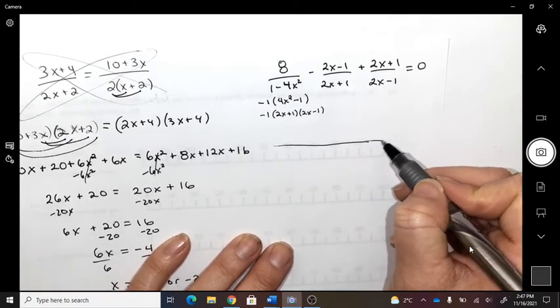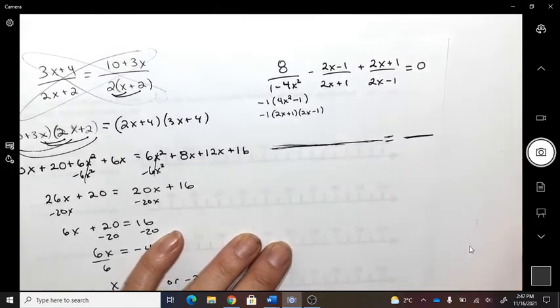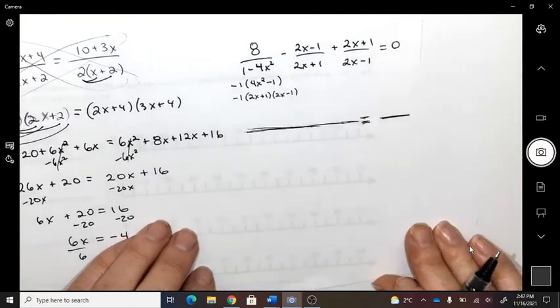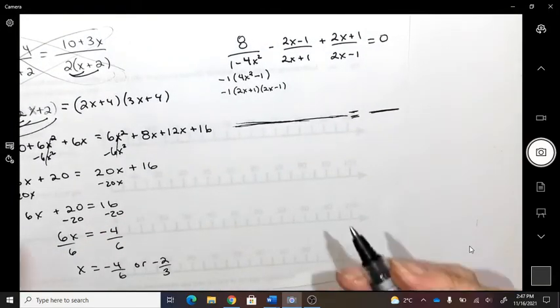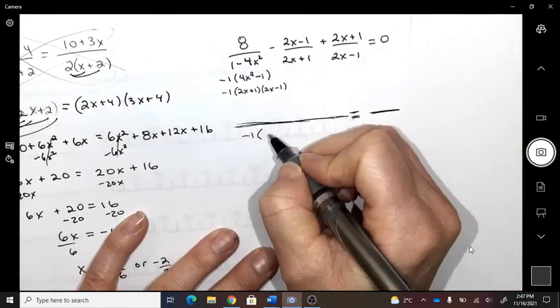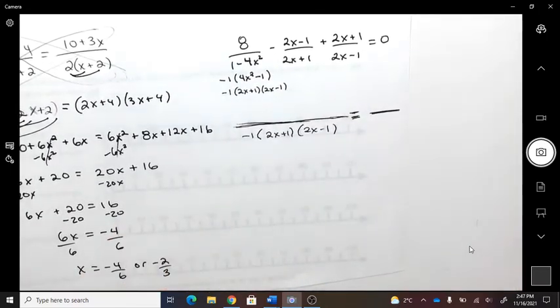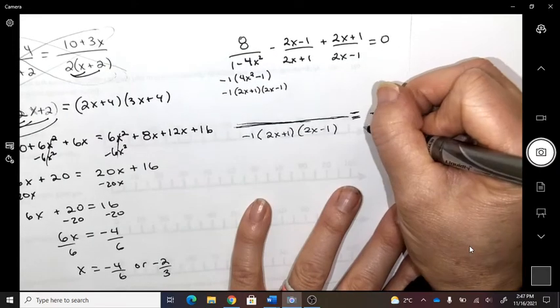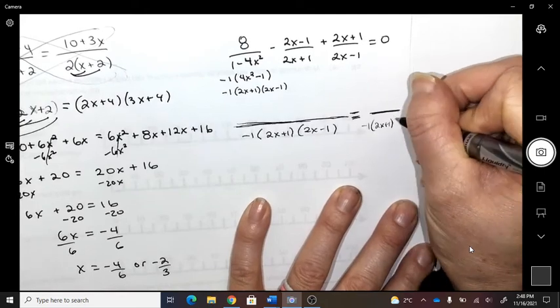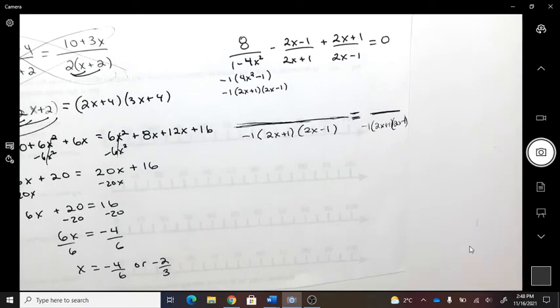Okay, so we said we were going to common denominator it. So 2 fractions, this side, this side. What am I all going to put in here? I need a negative 1, I need a 2x plus 1, and I need a 2x minus 1. All right, let's talk about what we're missing.